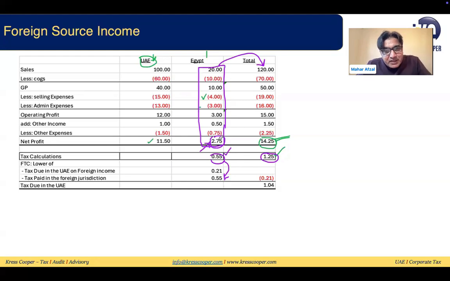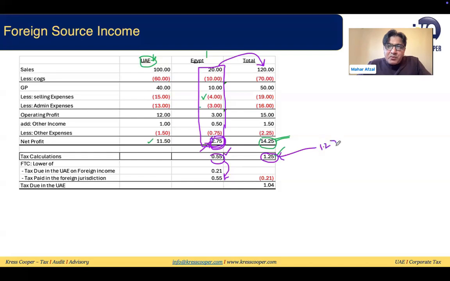Once you arrive at the taxable income of Egypt, then you will consider 9% of that. The law says the tax due in the UAE, which is 9% of this income, you need to consider the weighted average method to arrive at the tax due on the foreign source income in the UAE. So my tax is 1.25.